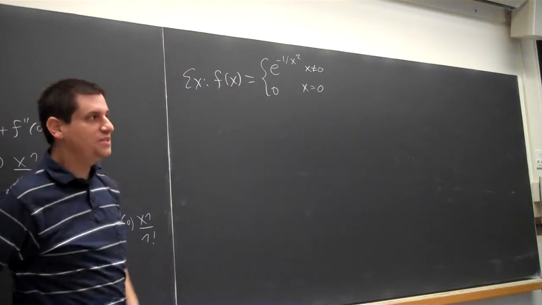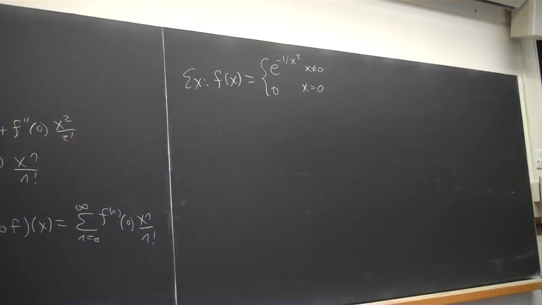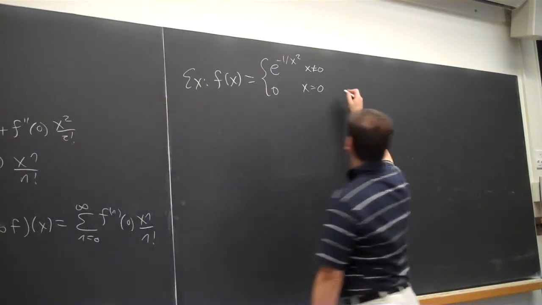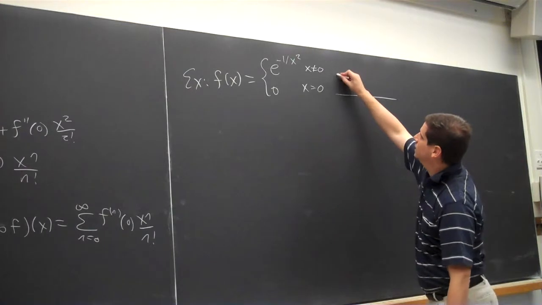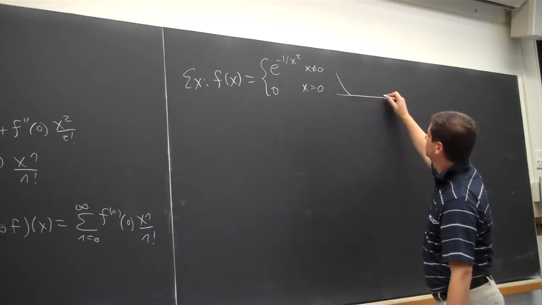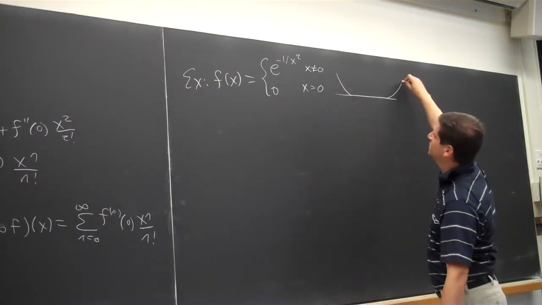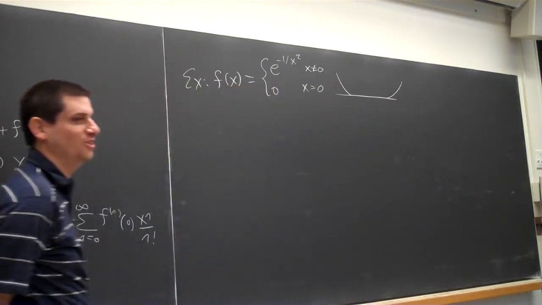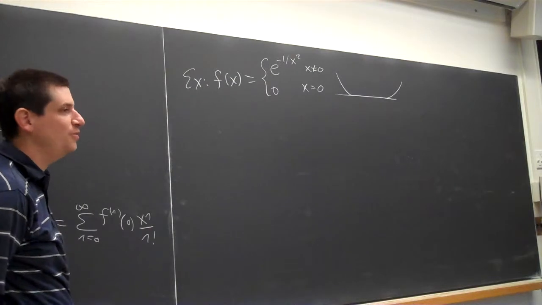This function is really nice, except at what point? 0. So the question is, what does this function look like near 0? Well, if you try to plot it, it's going to look approximately something like this. It has extreme decay near 0. We have e to the negative 1 over x squared.